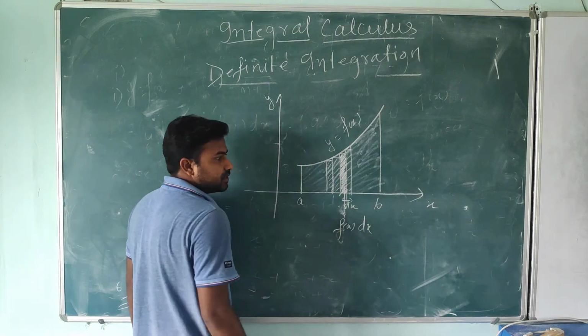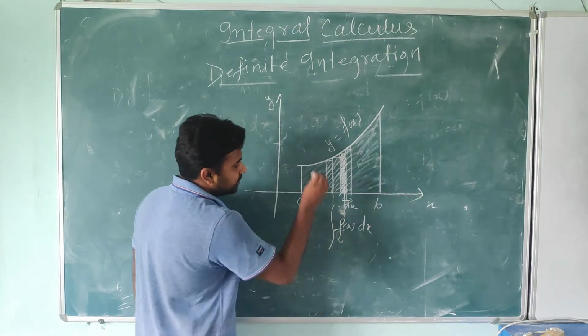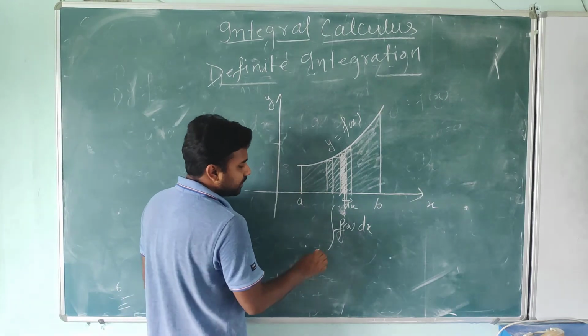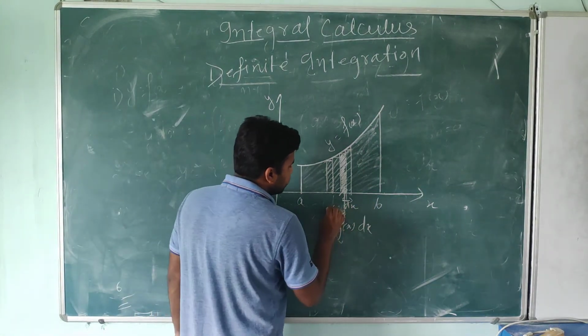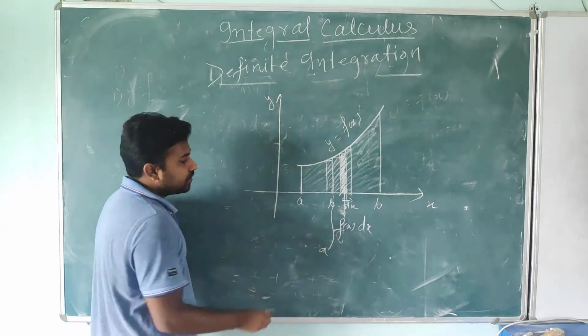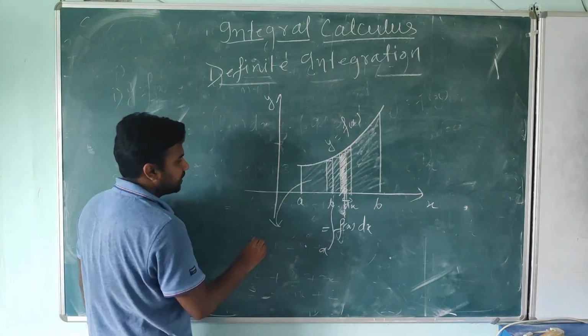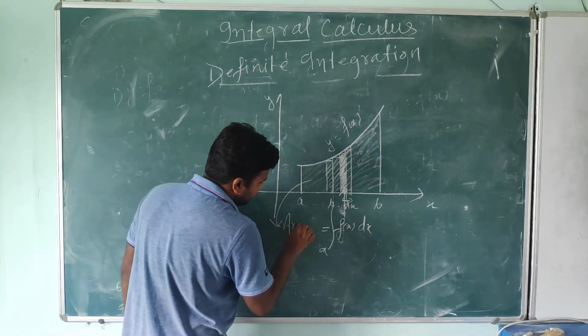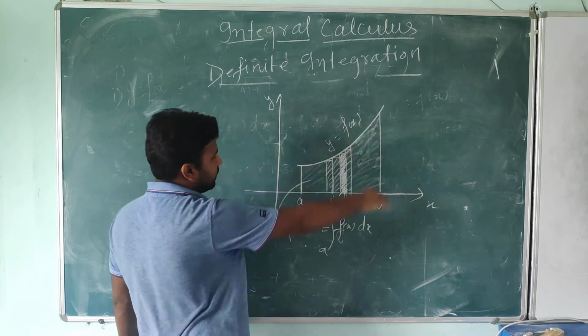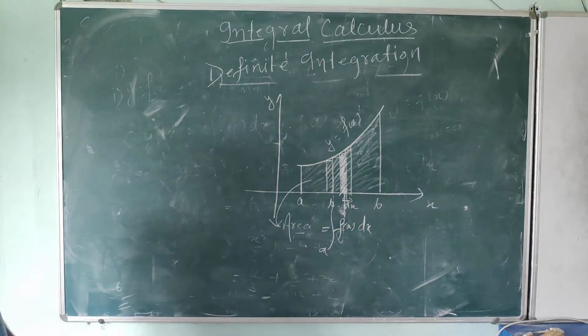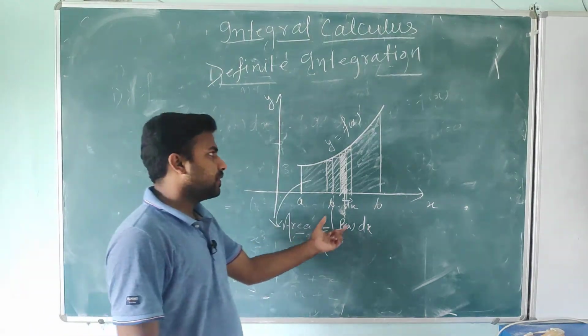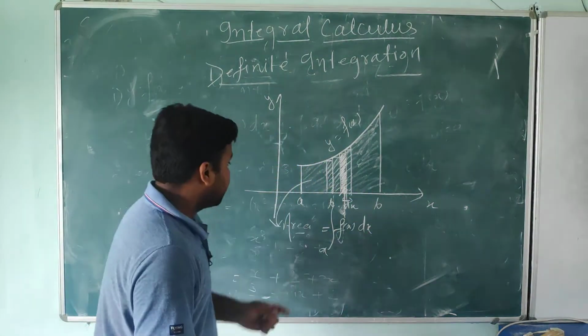So you can write this as the area. Now if you integrate it, lower limit is a and upper limit is b, what will you get? The total shaded area under this graph. So using this method you can find the area under this graph.